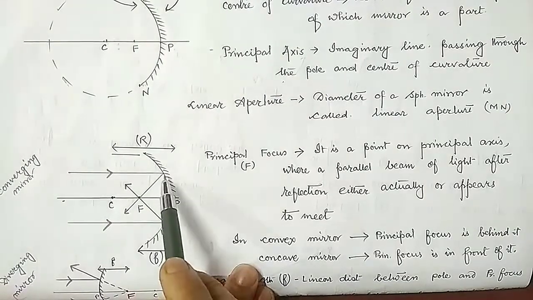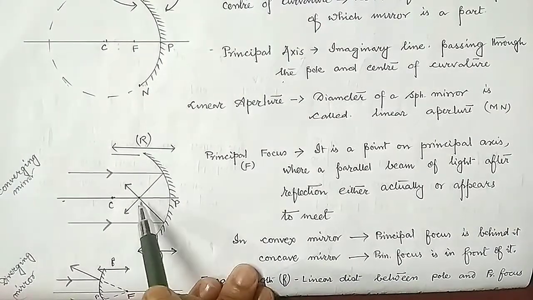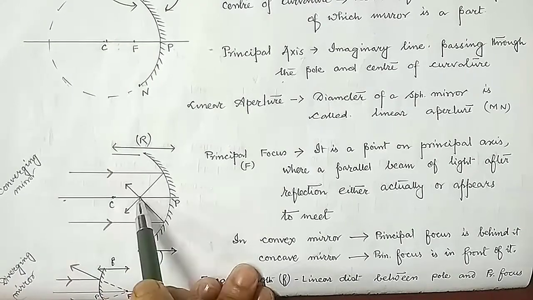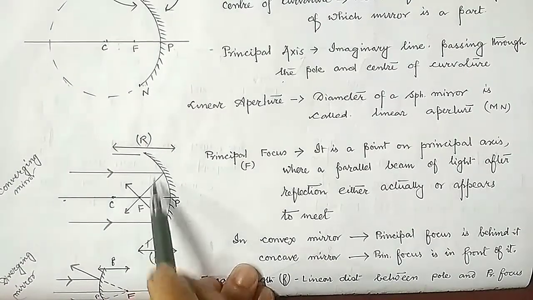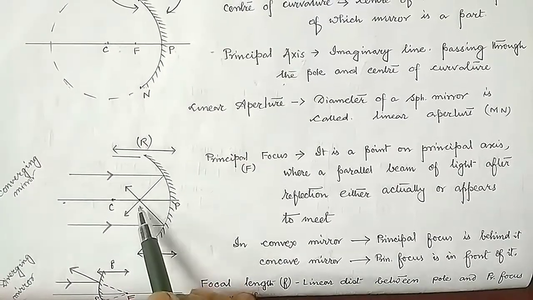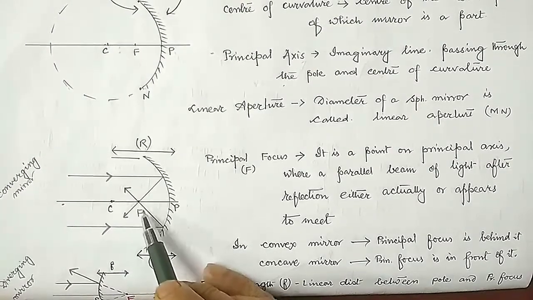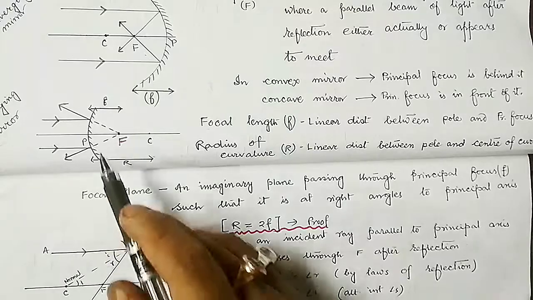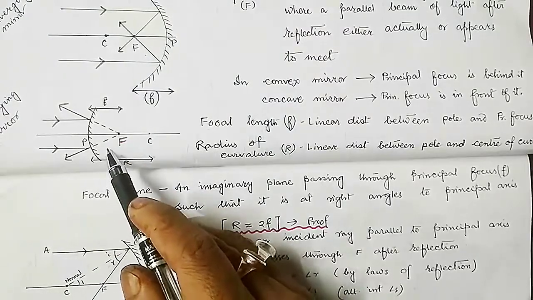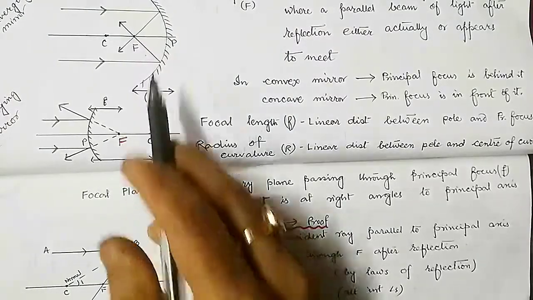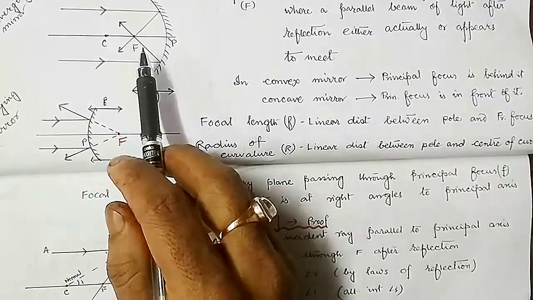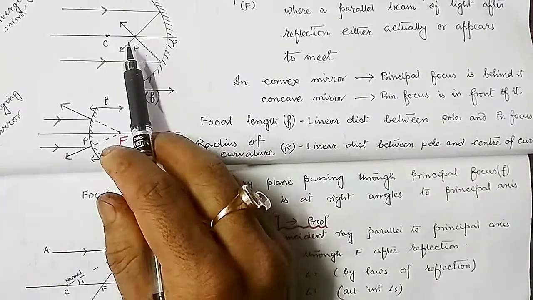These rays, after reflection from the mirror, meet at a point on the principal axis. The point where these reflected rays meet is called the principal focus. Generally we represent this point by F. Now in case of a convex mirror, the principal focus is behind it, whereas in case of a concave mirror, principal focus is in front of it.